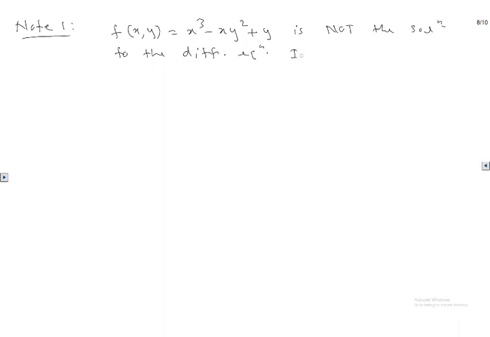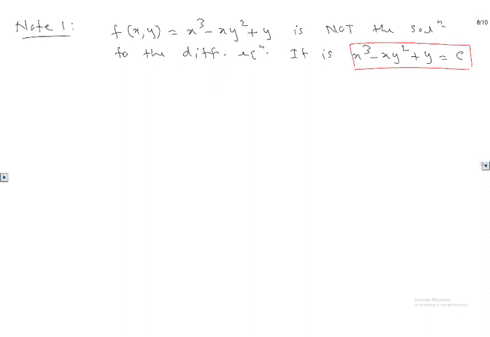It is x³ minus xy² plus y equals c. That's the solution. So let's write the solution in this form. You are looking for the constant function, and if possible we solve.